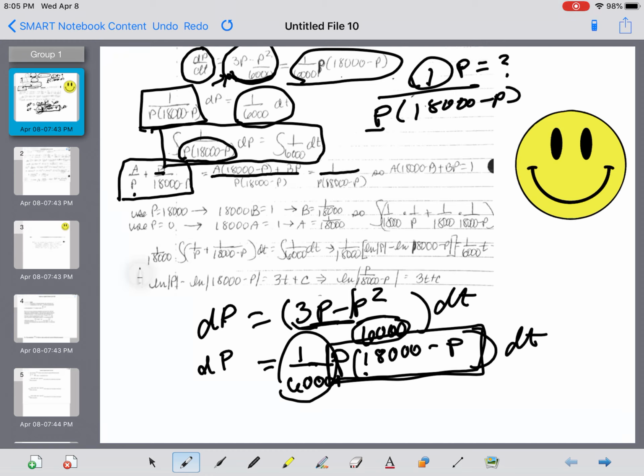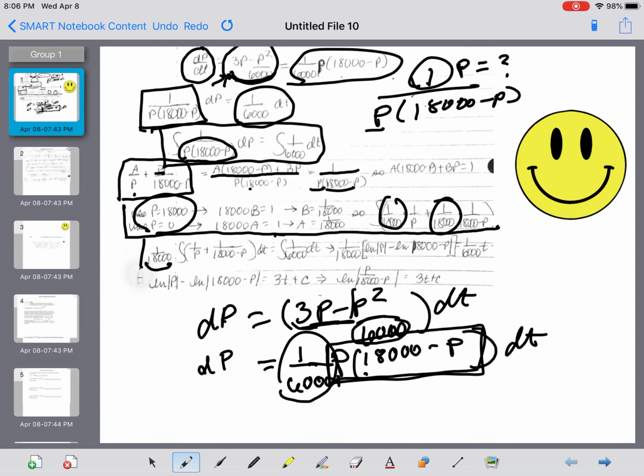And so I went through what we've done with partial fractions, where I let p be 18,000, and I also let p be 0 right here. And so I got A and B to be 1 over 18,000 right here. Then I factored out the 1 over 18,000 to the outside, and I had this integration to do.